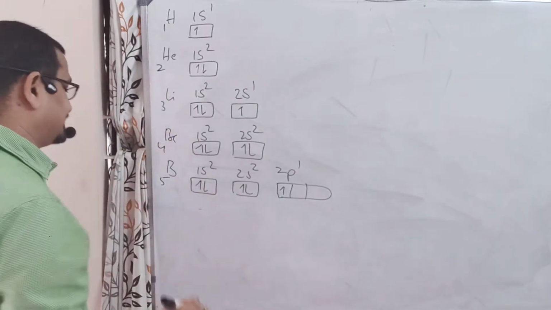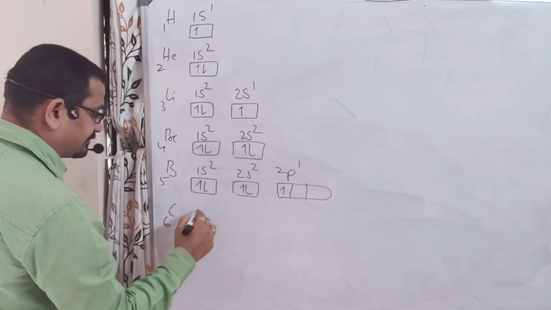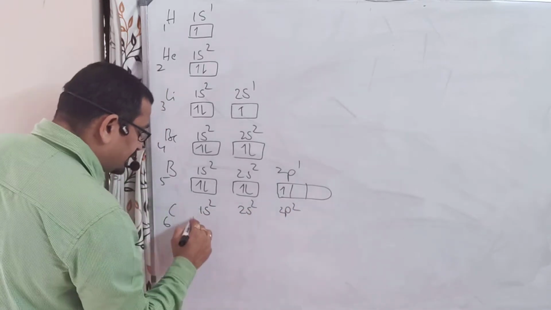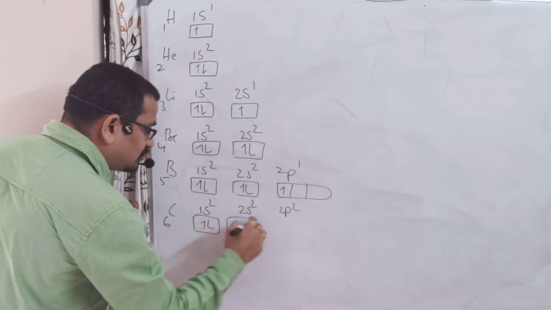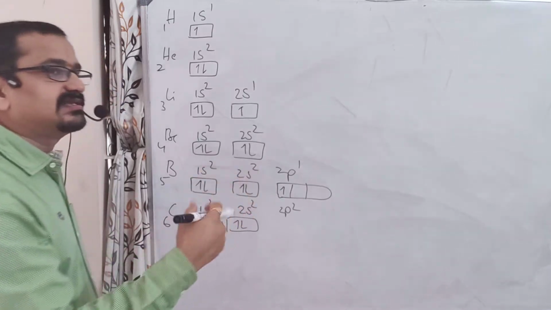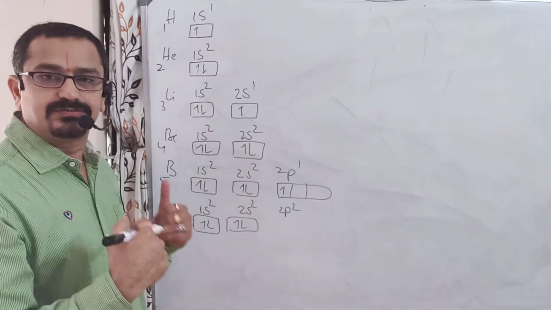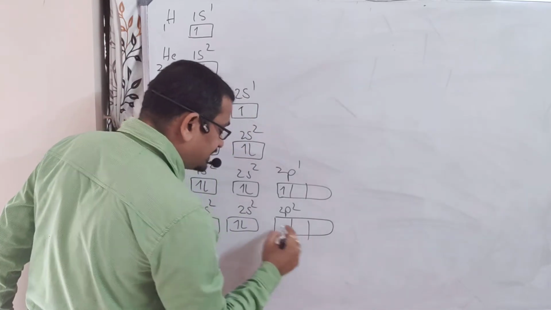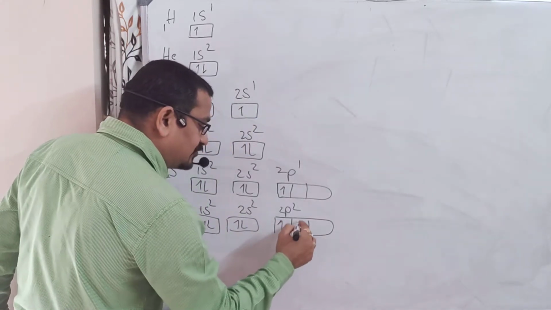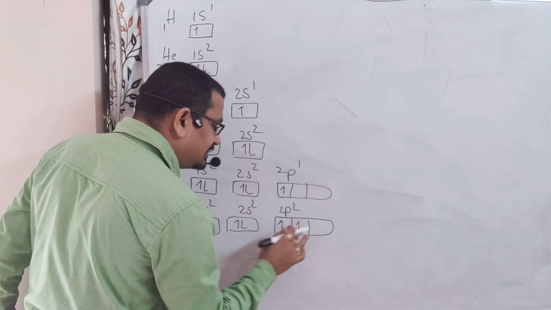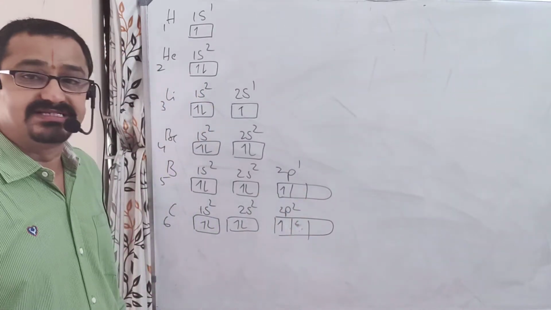Now here the question is, in the case of carbon, whose configuration is 1s2, 2s2, 2p2. In the earlier cases, there is no discussion possible because there is one orbital; obviously, the next coming electron gets paired with opposite spin. When it comes to 2p, the question is: with 2p1 in place, does the second 2p electron get paired, or does it go into another orbital? What is the case that happens?